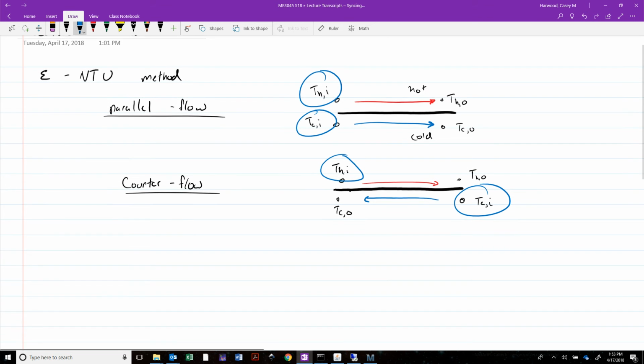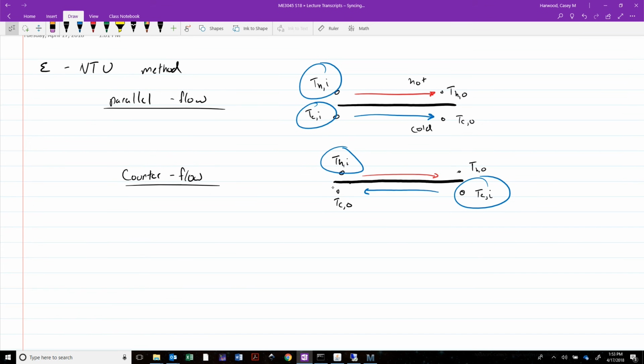So to get into that, let's quickly introduce the notion of the perfect maximum amount of heat transfer that could occur. So Q_max we'll go ahead and define as C_p m-dot minimum times T_HI minus T_CI. Okay, so what's going on here?